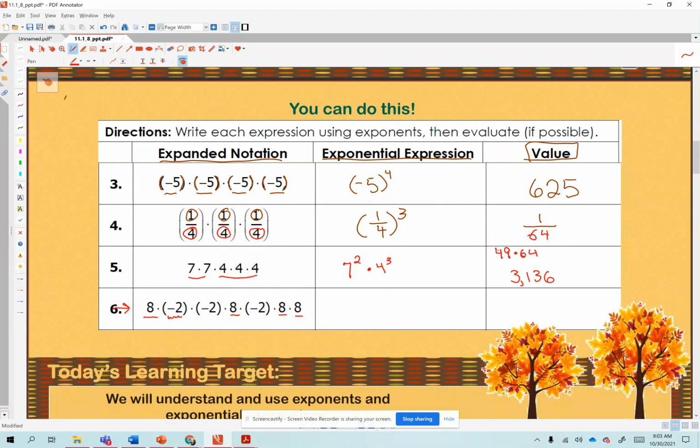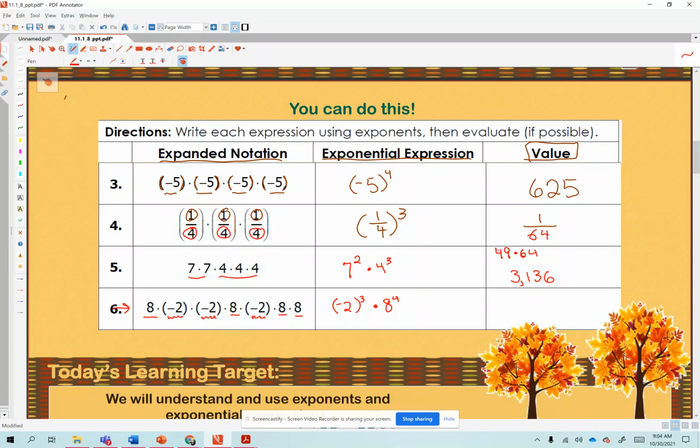I have a -2, a -2, and a -2. So the -2 I have 3 of, and the 8 I have 4 of. So I'll write -2 to the third power, and everything is multiplication here, times 8 to the fourth power.